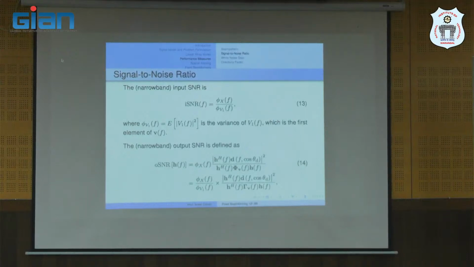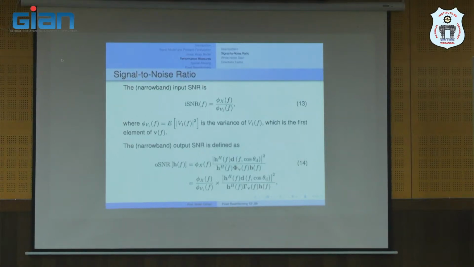Okay? But now, because it's fresh, I don't want to just continue here with the fixed beamformers method. Before that, I'll give you some discussion about the performance measures and the type of beamformers that we achieve with adaptive beamforming.